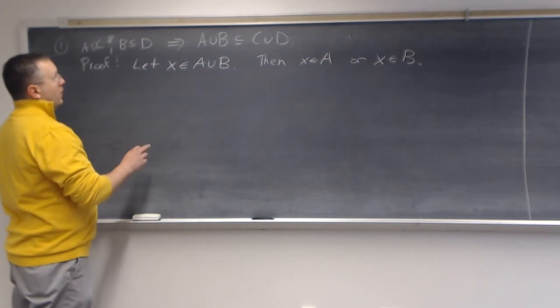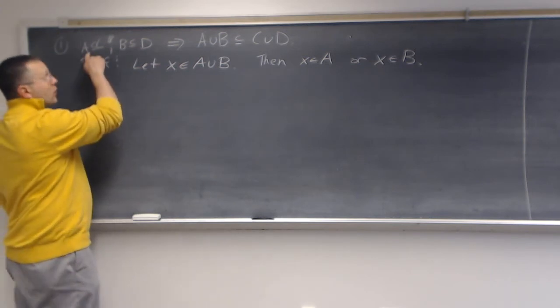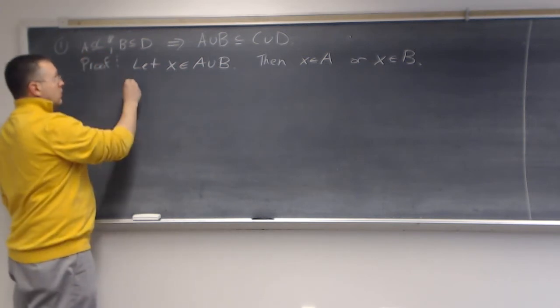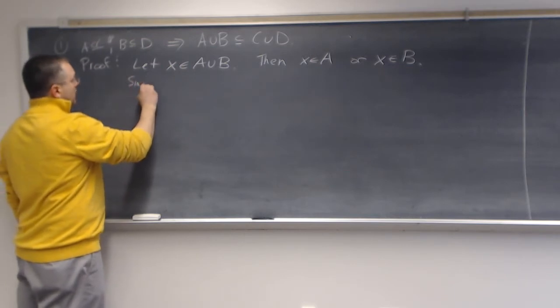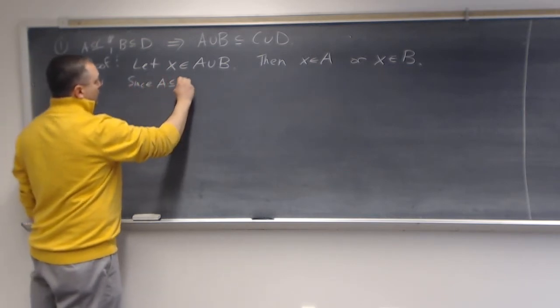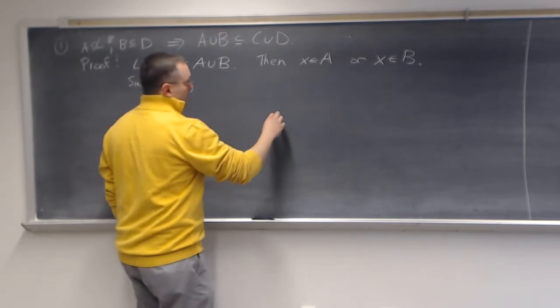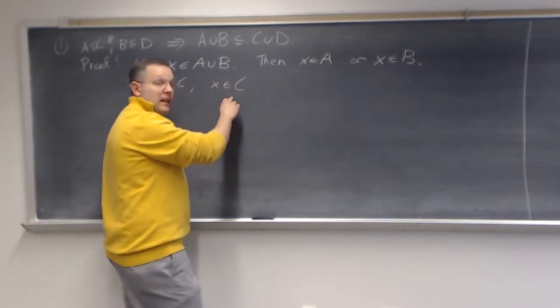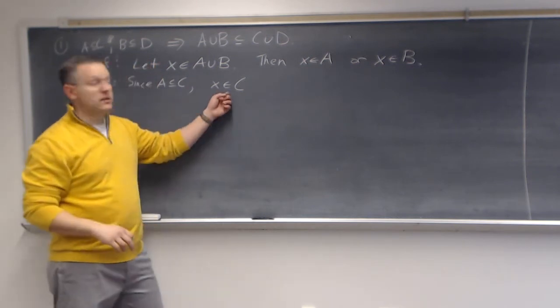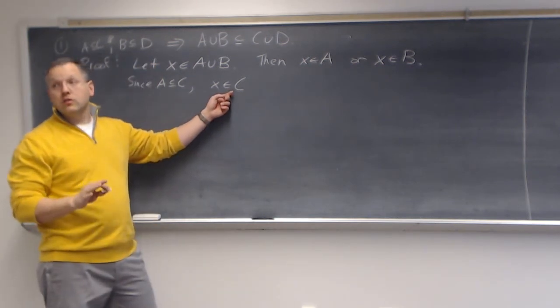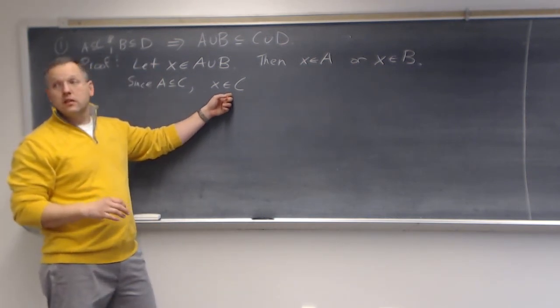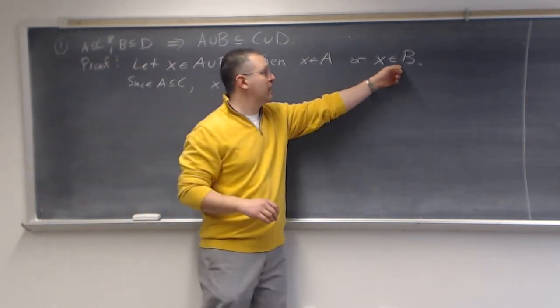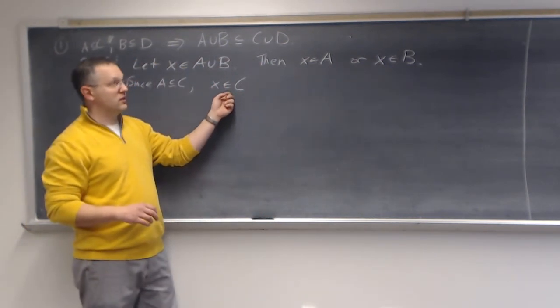All right. Now, here's where we're going to use the hypothesis. We know that A is a subset of C. So I would say, since A is a subset of C, X is an element of C. I cannot write it like this. If I said X is in C, that could be false. X doesn't have to be in C, because if X was in B, then X wouldn't be in C, necessarily.